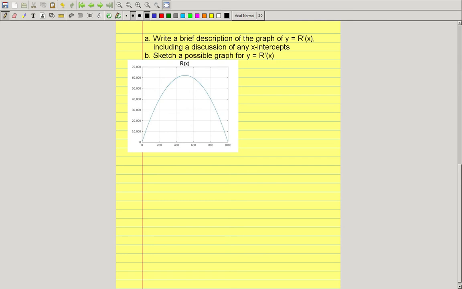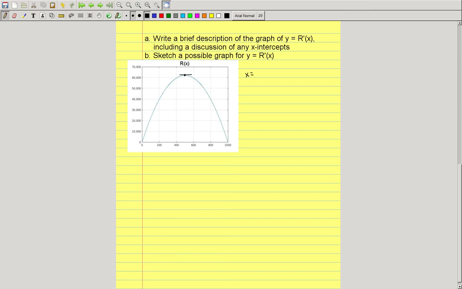All right, we have our function r of x, and we would like to determine the properties of the derivative of this graph. We see right away that there is a local max at this point here, and we're going to signify the fact that there is a horizontal tangent line there with that line.